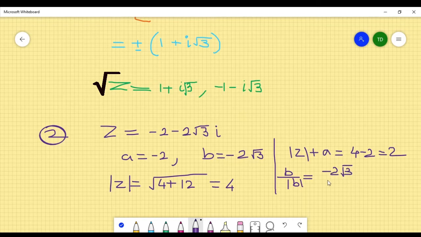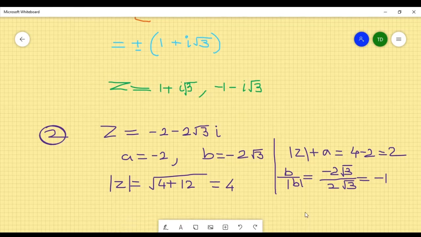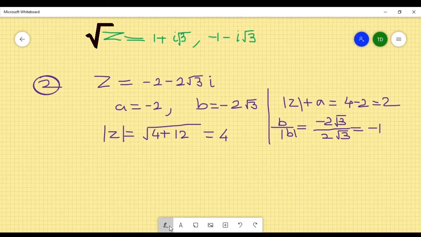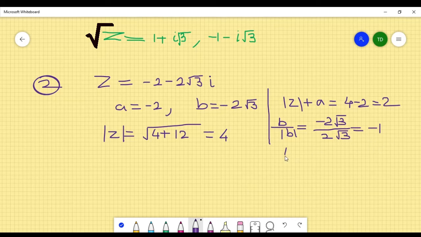Modulus is the positive value, as we all know. So this is 2 root 3 only, and the ultimate result is minus 1. So this just gives us the minus sign. And one more thing, we need mod z minus a also. So mod z minus a makes it 4 minus minus 2, so we will get 6.